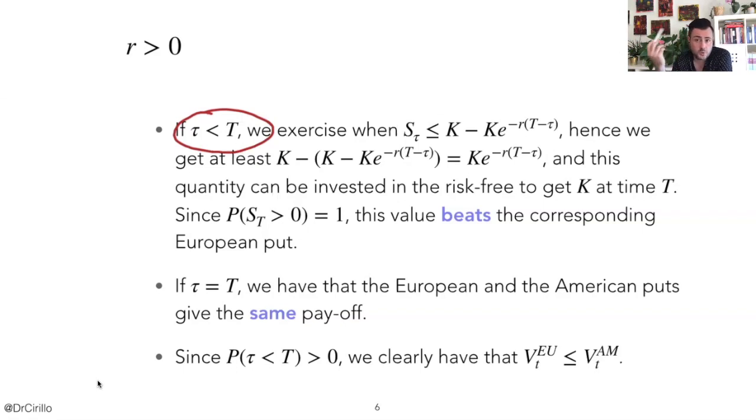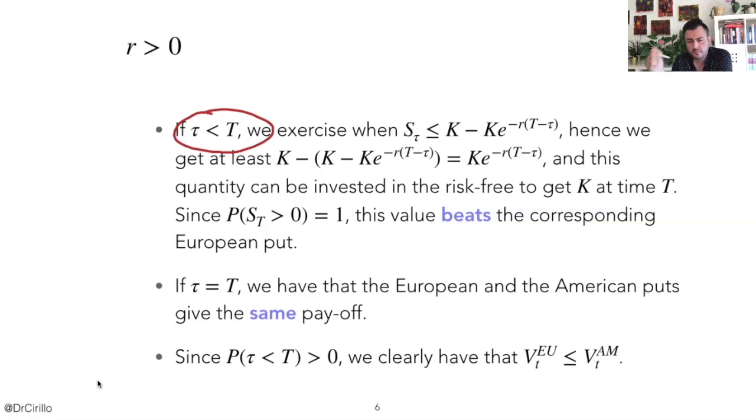And since that happens with probability 1, in this situation the value of our American put beats the European one, because, given that the price at any time, including maturity, needs to be positive, it is not possible that with a European put we get exactly K. We will always get K minus something. So K can only be obtained with this very simple strategy related to the American put. So in this situation, when tau is smaller than capital T, our American put outperforms the European put.